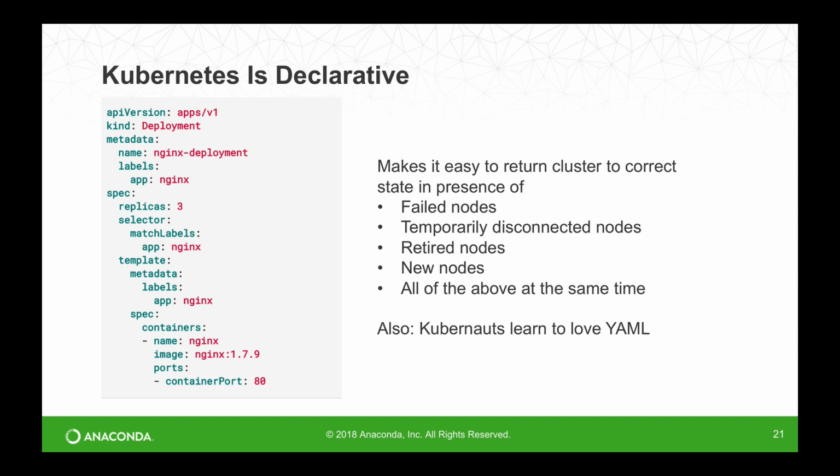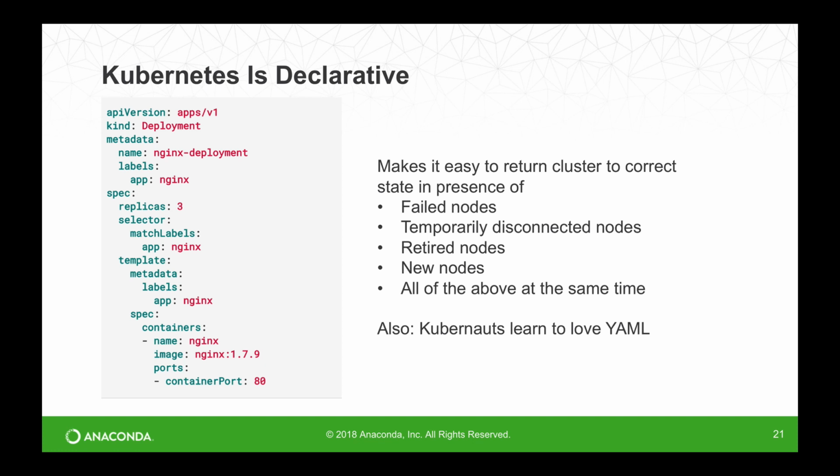So the advantage with declarative is that you state the intended result. And in this example here, I want 3 replicas of Nginx to run. I want Nginx version 1.7.9. I want it to serve on port 80 of this particular container.